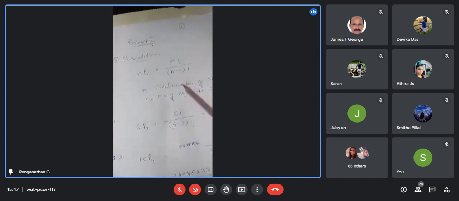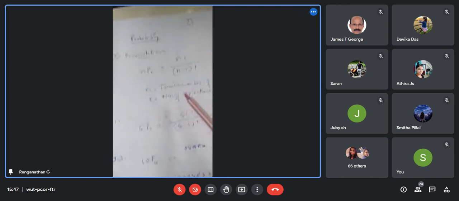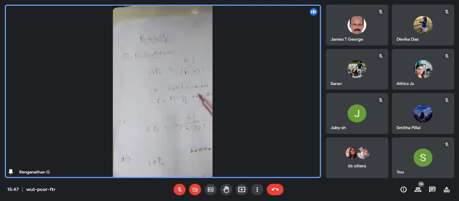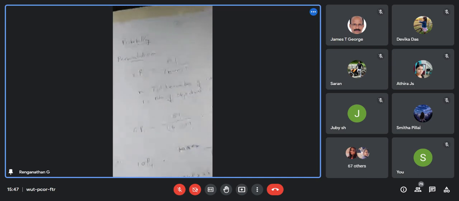I already explained that there is a certain number of objects, and we choose some to arrange in a particular manner. In how many ways can that be arranged? That is explained in permutation.